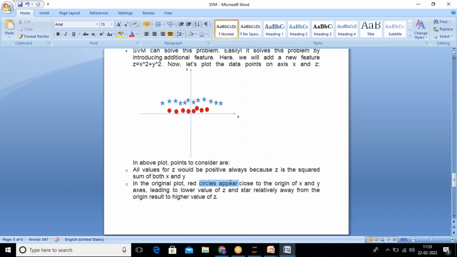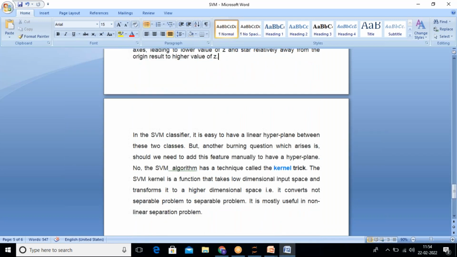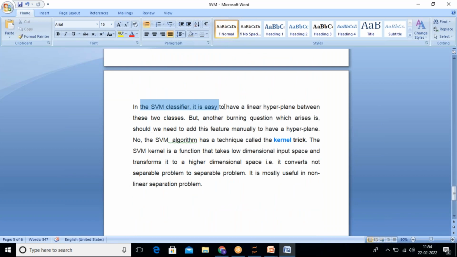And in the original plot, the red circle appears closer to the origin of the x and y axes, leading to a lower value of z, and the star is relatively away from the origin, resulting in a higher value of z, right? Because z is the square of x and y, its value will always be greater than x and y. Now this is called the SVM kernel trick.